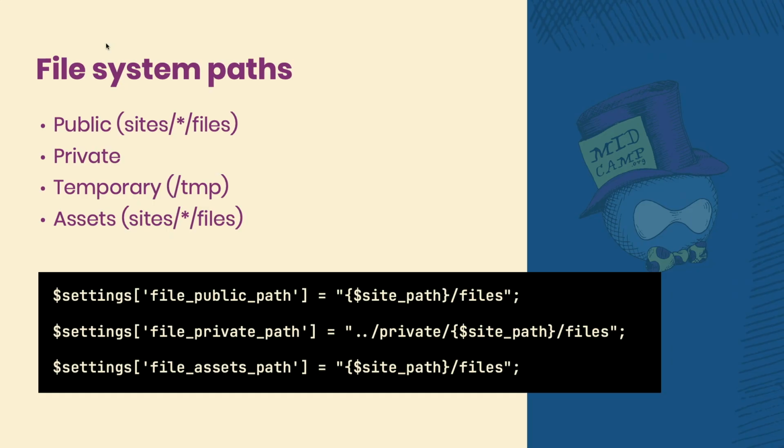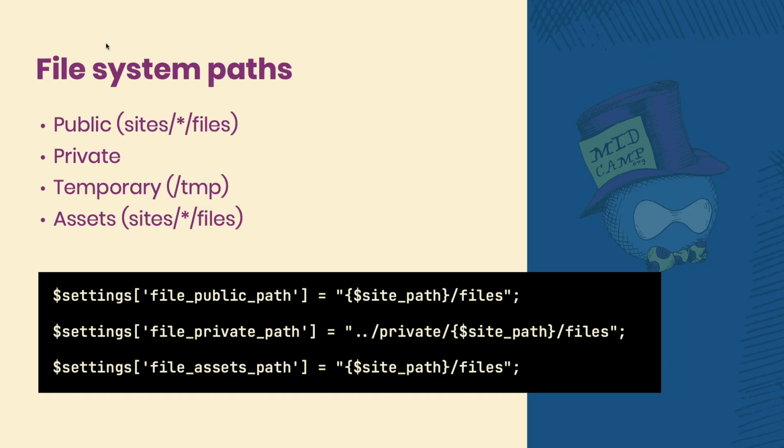Public is defined by default to be in sites, whatever the site name is, /files. There is no default for private, so it'll be empty by default. You can't use the private files directory until you set that. Temporary is by default whatever the operating system's temporary directory is, and that's often /tmp.